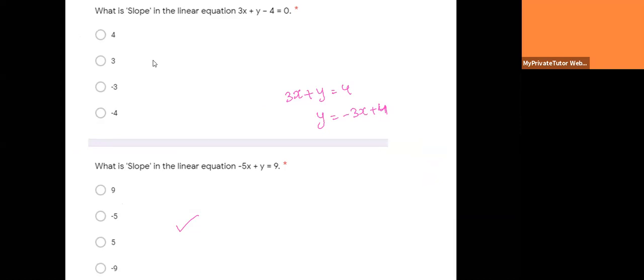You said 3x or minus 3x? Okay. So what is the slope of this linear equation? Joseph? Aryan?